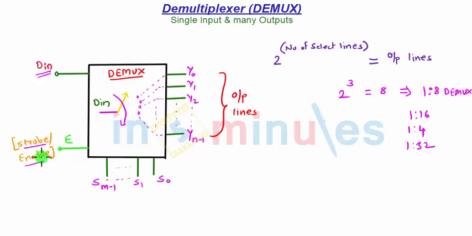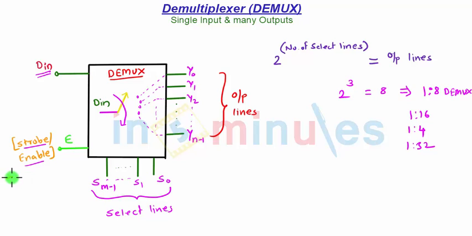So what are strobe pins? To activate this switch, to activate the use of select lines, the strobe pin is very important, and here the strobe pin is used at active high. If you are going to implement any logical function through demux, then you must mention what kind of enable is used at the side of the enable pin.